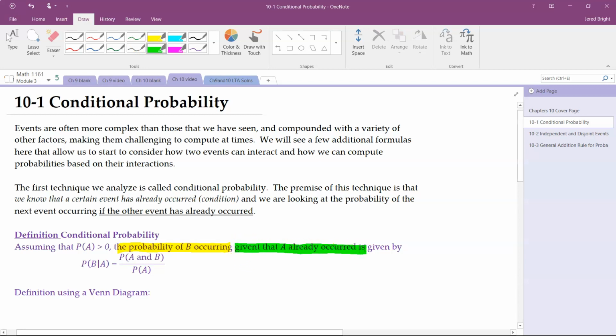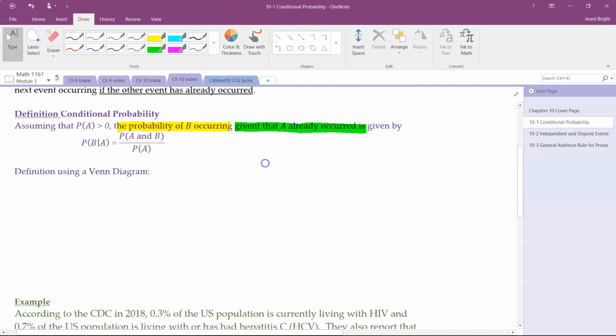So A occurred, and then we're looking at B. And you can reverse these two. These are just general. But how we calculate this mathematically is we restrict our sample space to just be the sample space for A, and out of that, what part of B occurs. And that actually ends up being the intersection.